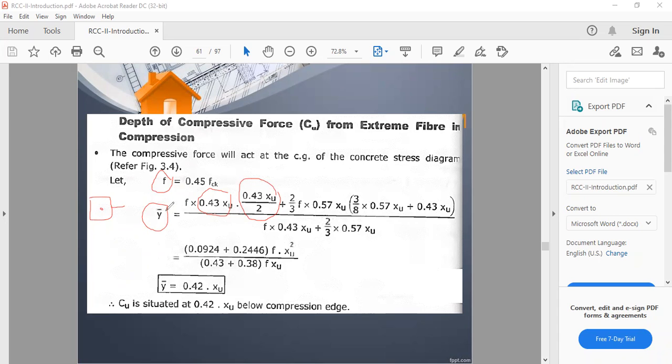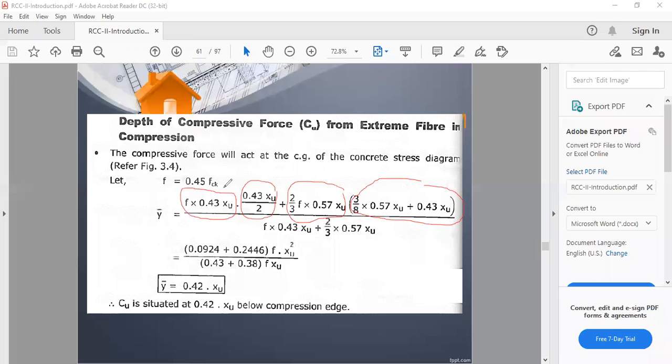Similarly, this was for the rectangle portion, and this total portion is for the parabolic part. For the parabolic part, you should know that the first term is the area, and this term is the distance of CG. Again, this term is the area, and this term is the distance of CG.